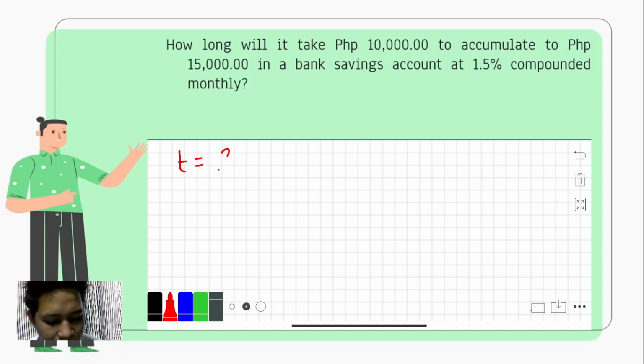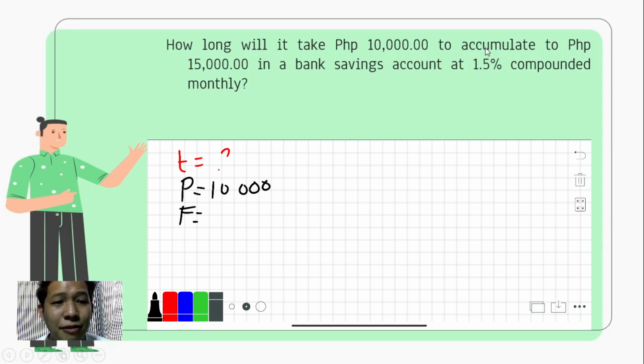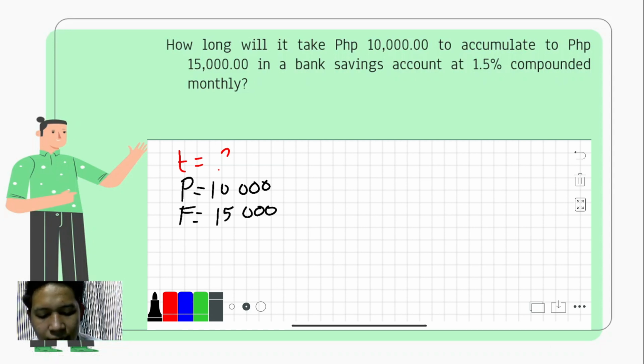So ang hinahanap natin is the time. And then how long will it take for 10,000 pesos to accumulate to 15,000 pesos? Ibig sabihin, our principal here is 10,000 pesos and our future value, kasi sabi dyan, accumulate to, magiging 15,000. So our future value is 15,000 pesos.